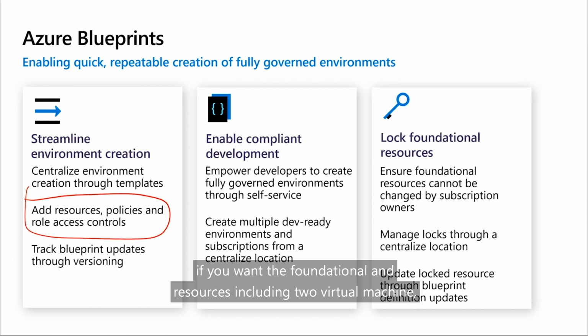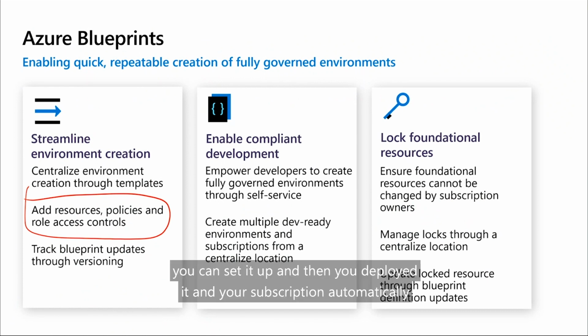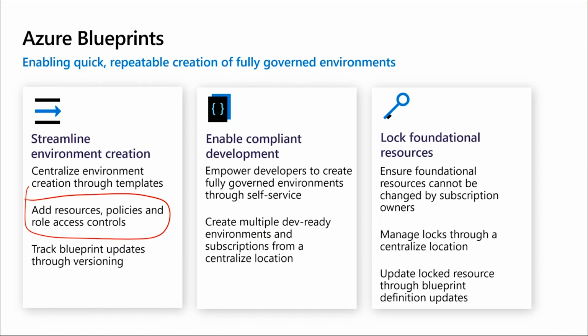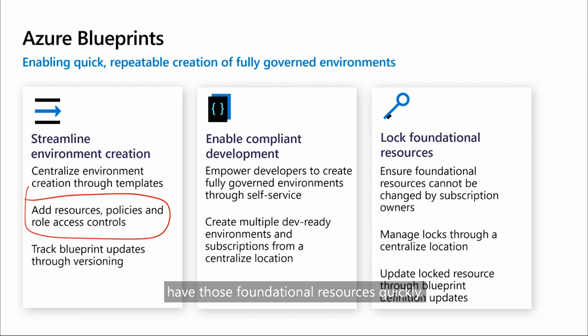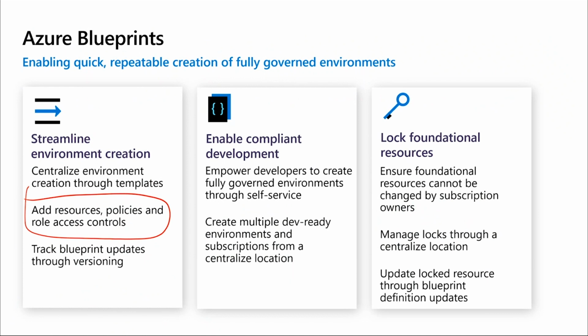As I said, if you want the foundational resources, including two virtual machines, three policies, and two role access controls, you can set it up and then you deploy it, and your subscription automatically has those foundational resources quickly. So that's how Azure Blueprint can act as a template and helps you do better.